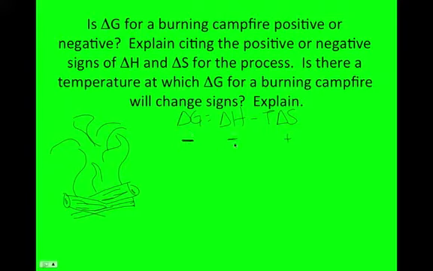It is negative because it is both exothermic and entropy increasing. That causes delta G to always be negative, which means this is always a spontaneous process, and there is no temperature at which delta G will become positive.